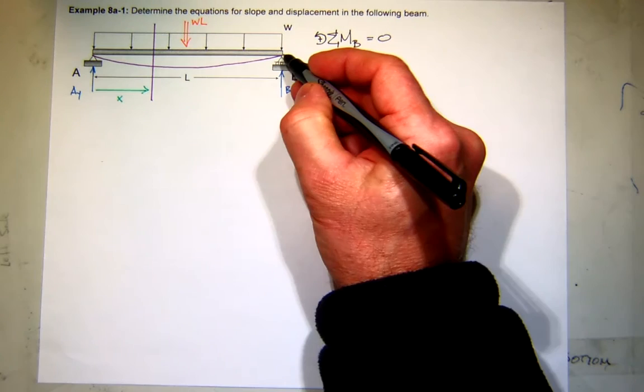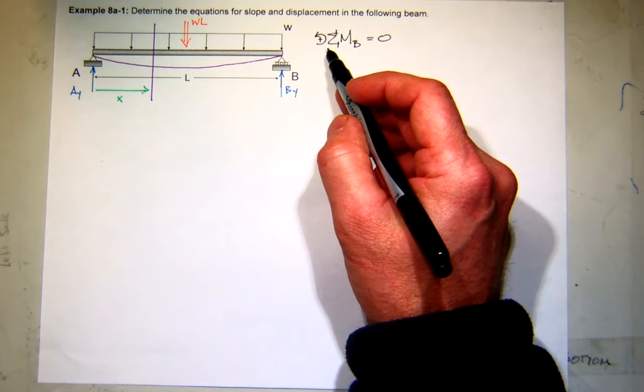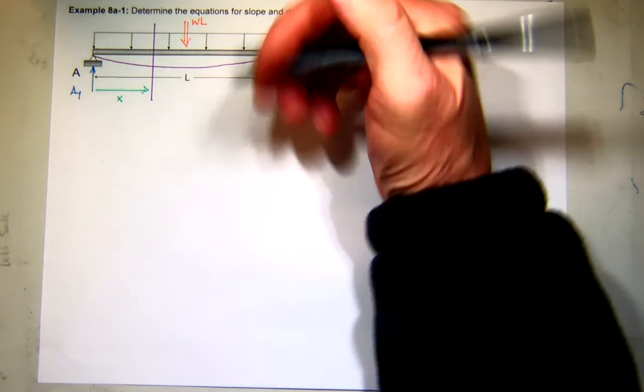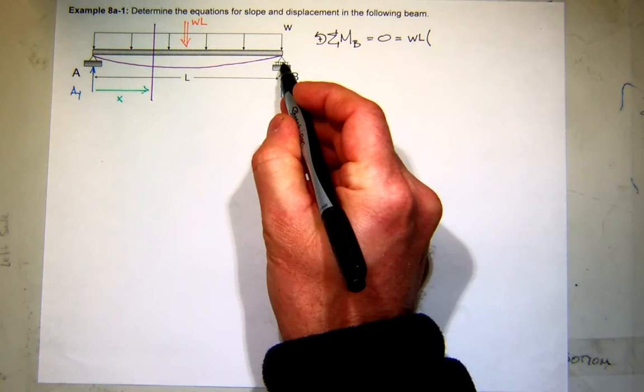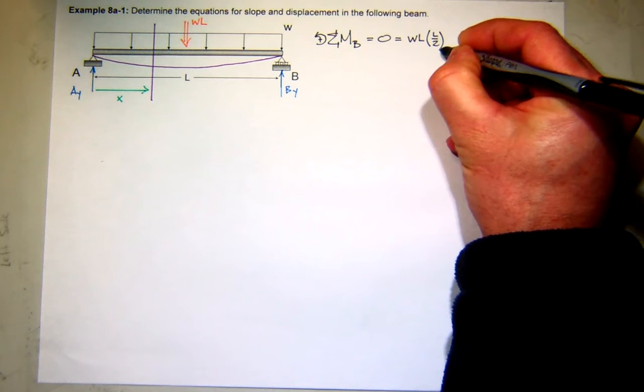So when I sum moments about B, this load is going to create what? Positive or negative moment? With my sign convention, it's going to be positive. So there's the force, and then the distance from B to the centroid is L over 2.